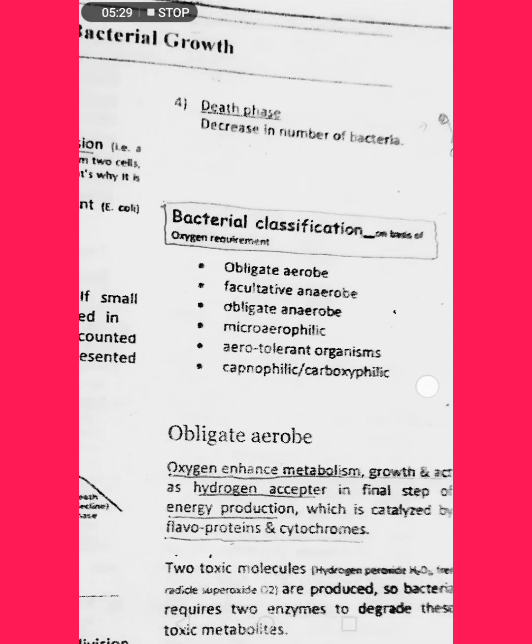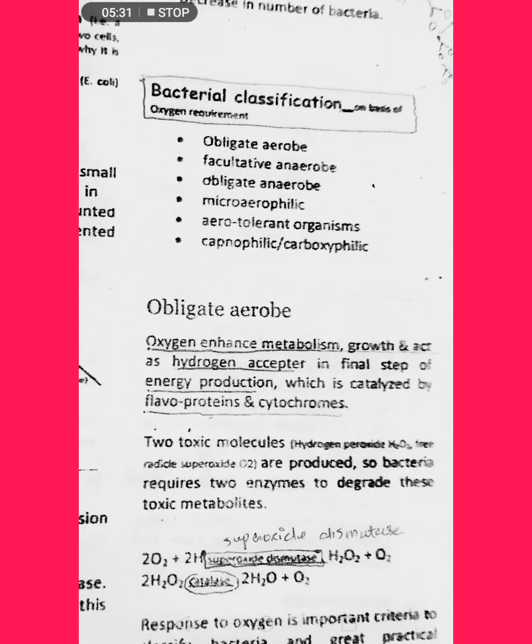Now we are going to discuss bacterial classification on the basis of oxygen requirement. There are six types of bacteria classified on the basis of oxygen requirement. The first one is obligate aerobes, and the second is facultative anaerobes.